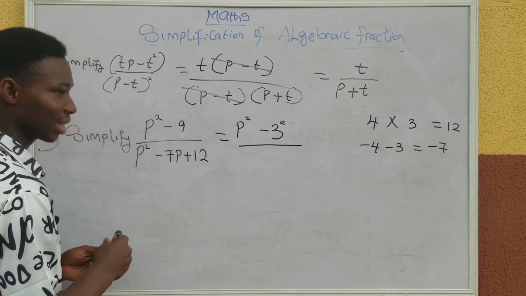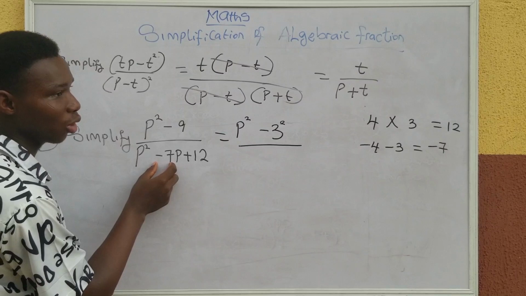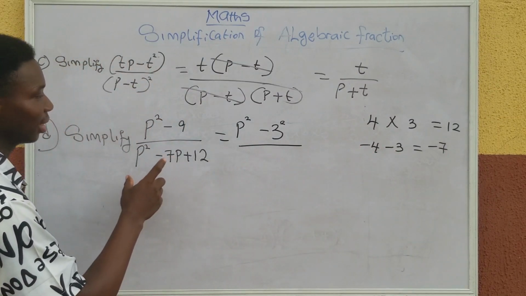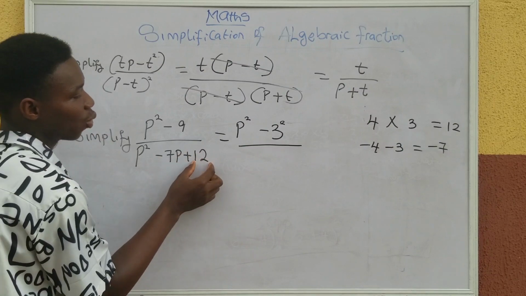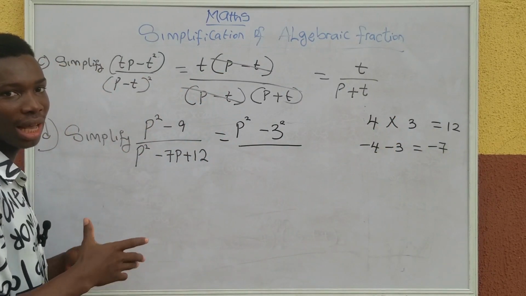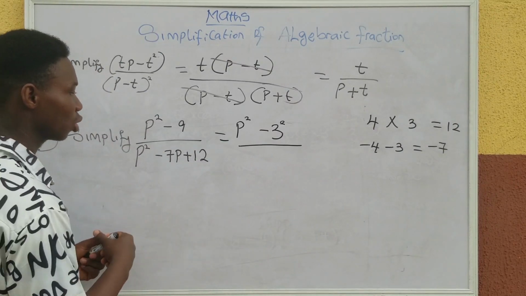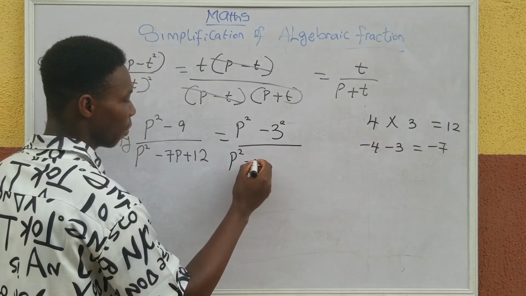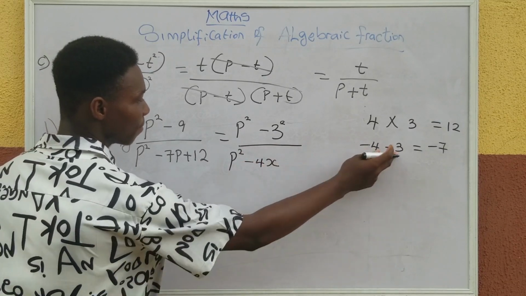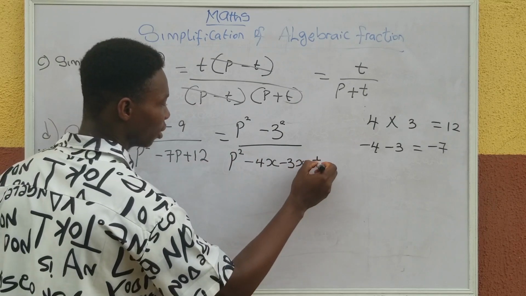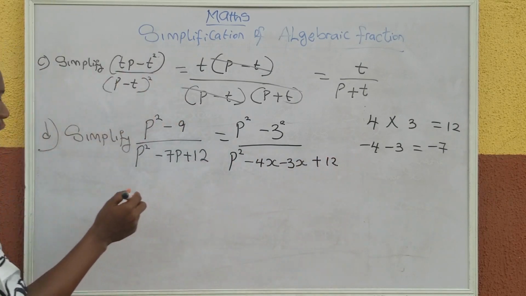So we can say anywhere you have minus 7, you can replace it with minus 4 minus 3, and anytime you have 12, you can replace it with 4 times 3, although it might seem it's not there. So from here we can say p squared minus 4 squared minus 3 squared plus 12. So from here, what do we do next?